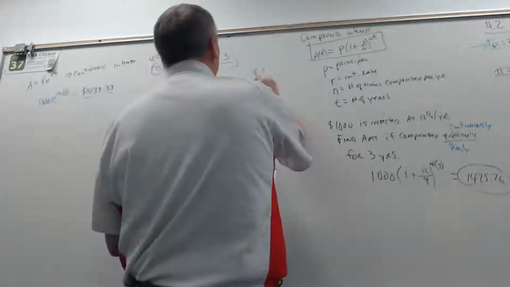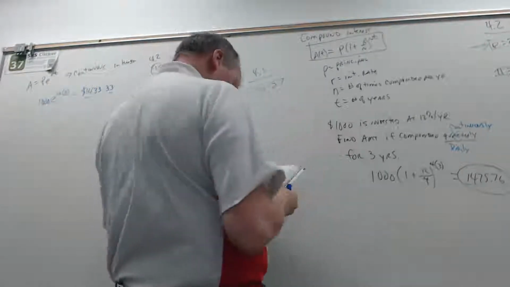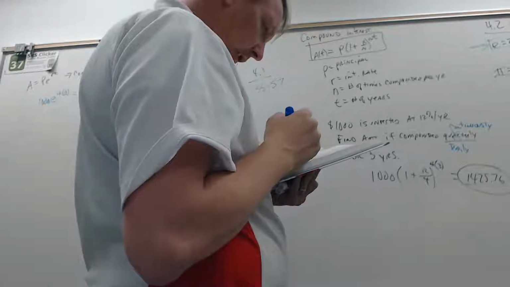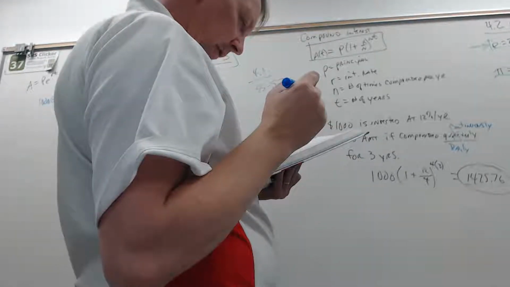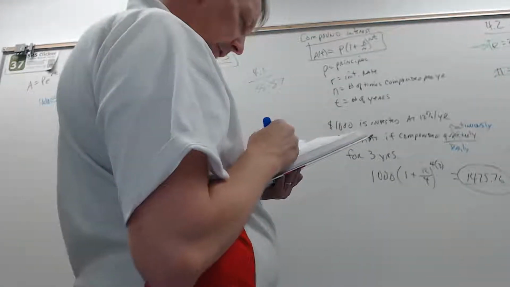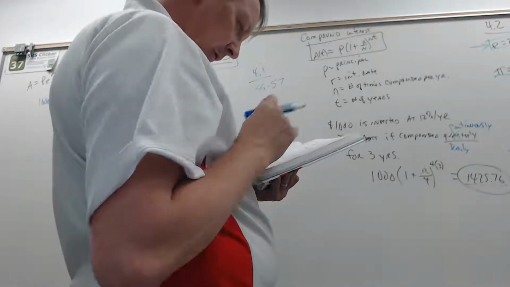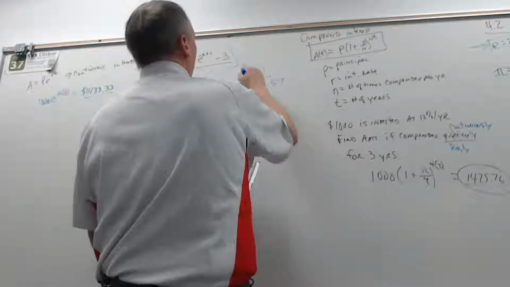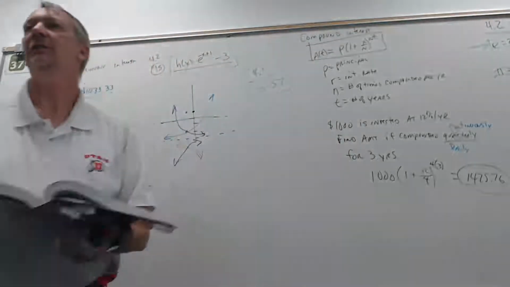About 55 through 57. Sorry, it's actually, no, that's good. 55 through 57. I'm just going to add 3 more problems on there, just to make sure you have plenty of those.